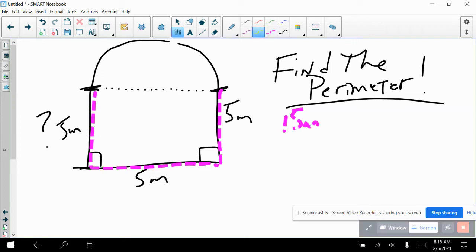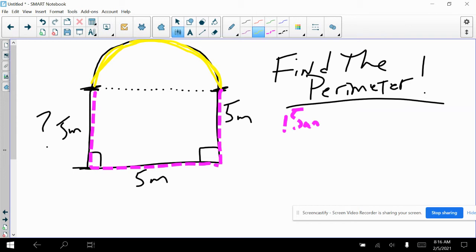Okay, so now we have to find our semicircle, correct? What was our formula for a semicircle? You can look at it from yesterday, that's fine. Okay, what do you got?